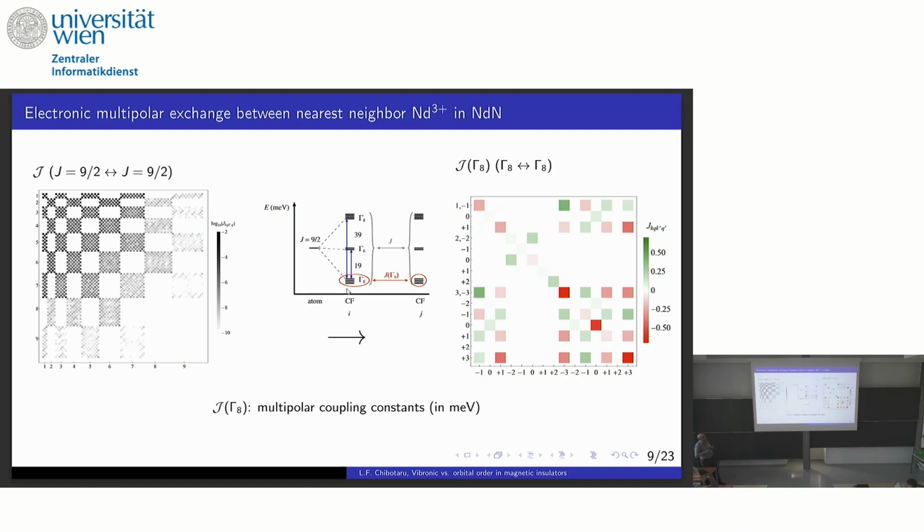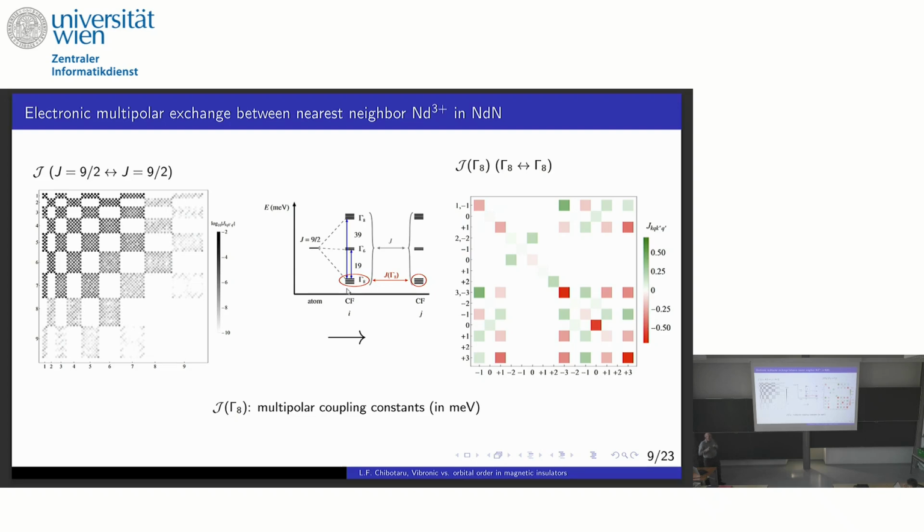If you calculate for the entire J=9/2, you have terms up to rank 9, so you have a huge number of terms. But actually everything projects on the ground Gamma 8 quadruplet, so we have to project everything onto this Gamma 8 multiplet. You have terms up to rank 3, up to octopolar order.